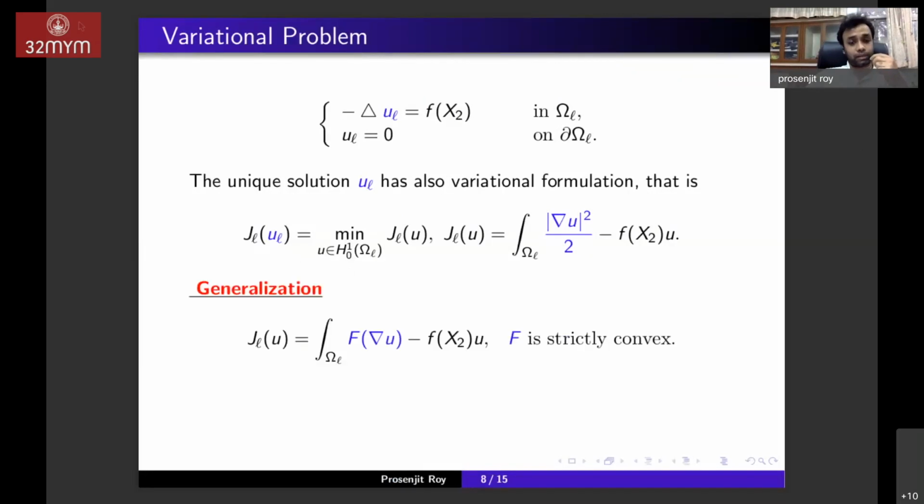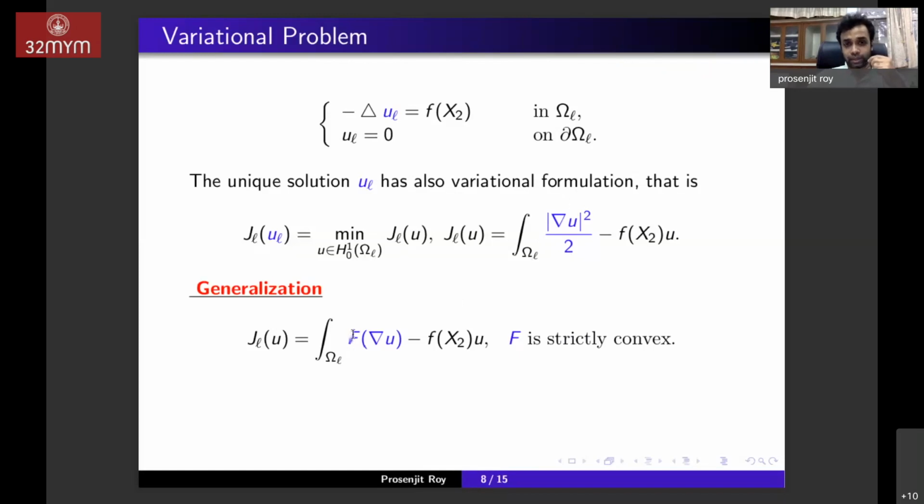The generalization that we looked at is whether we can replace this J of UL by a more general functional instead of this smooth nonlinearity, f(x) equal to |x|^2 by 2. If you replace it by a general strictly convex function f of grad u, this f might not have any differentiability.